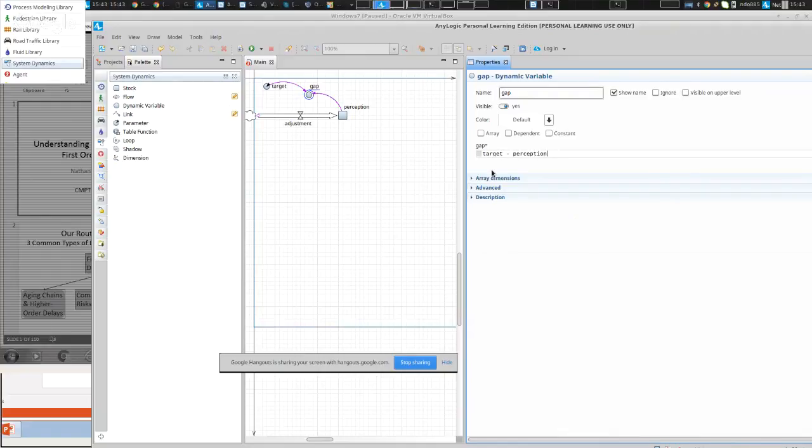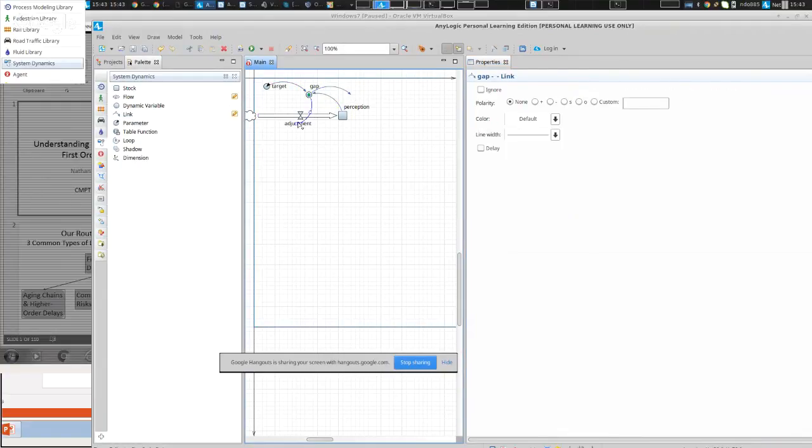So the bigger the target is off, the bigger there'll be an obvious discrepancy between what we thought was the case and what's actually the case. Next. So as this system adjusts, what is it going to be doing to the gap? It's going to be trying to do what to it? Shrink it, to make it 0.